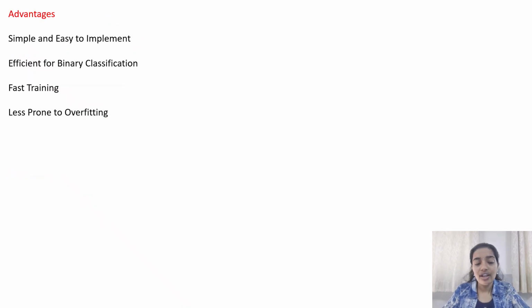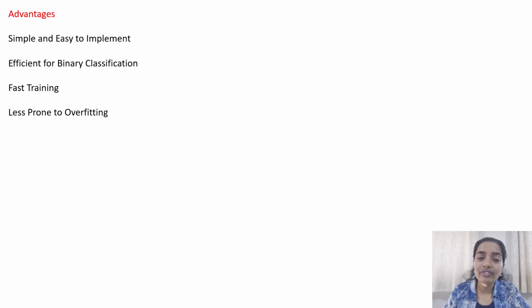Then we have the advantages and disadvantages. Logistic regression is very simple: just two classes, find out the probability using the sigmoid function. If it is greater than 0.5, then it is a positive result, otherwise it is a negative result. So it is very simple and easy to implement, and efficient for binary classification.